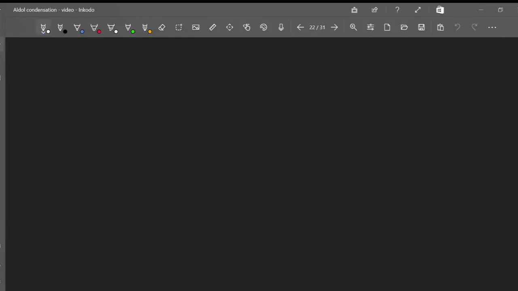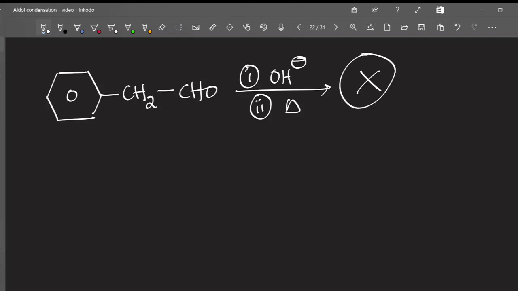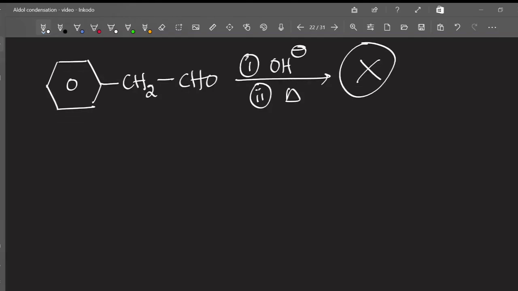You take phenyl ethanal, with OH and then heating. Come on. What's the product? Try to do it fast. Let us write this according to our easier way. CH2, CHO, and this is our alpha carbon, right?